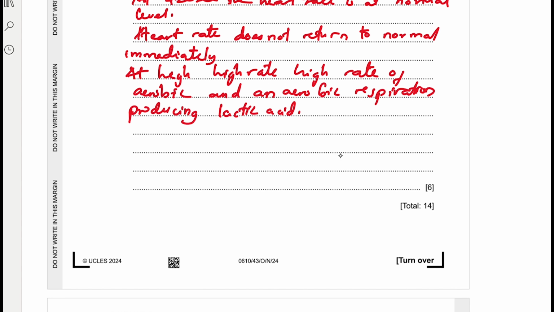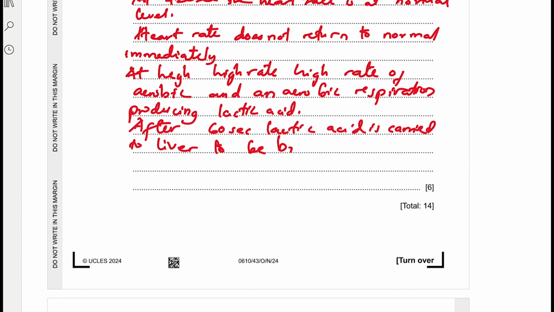We say that after 60 seconds, lactic acid is carried to the liver to be completely broken down. That's another thing that will take place during this period of time.